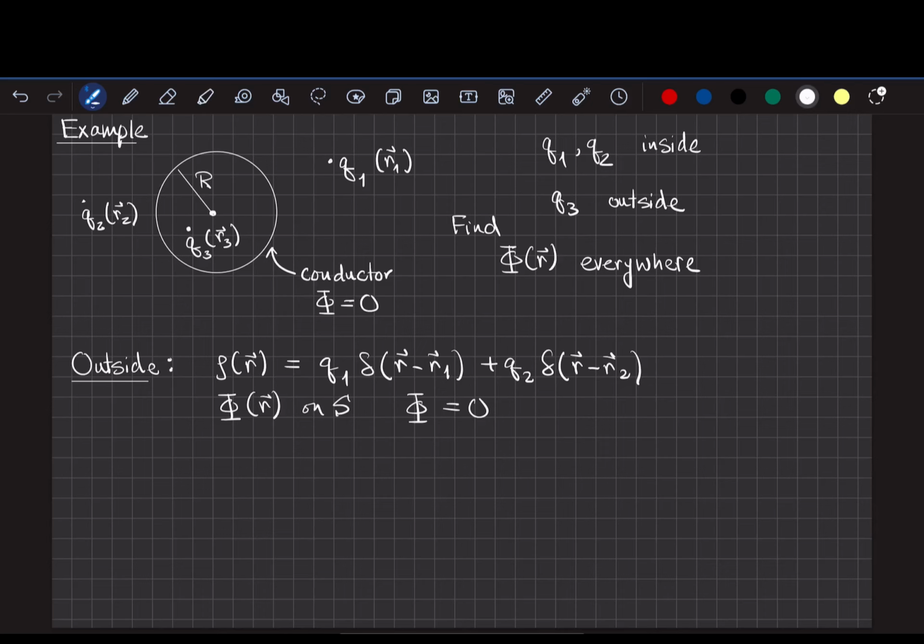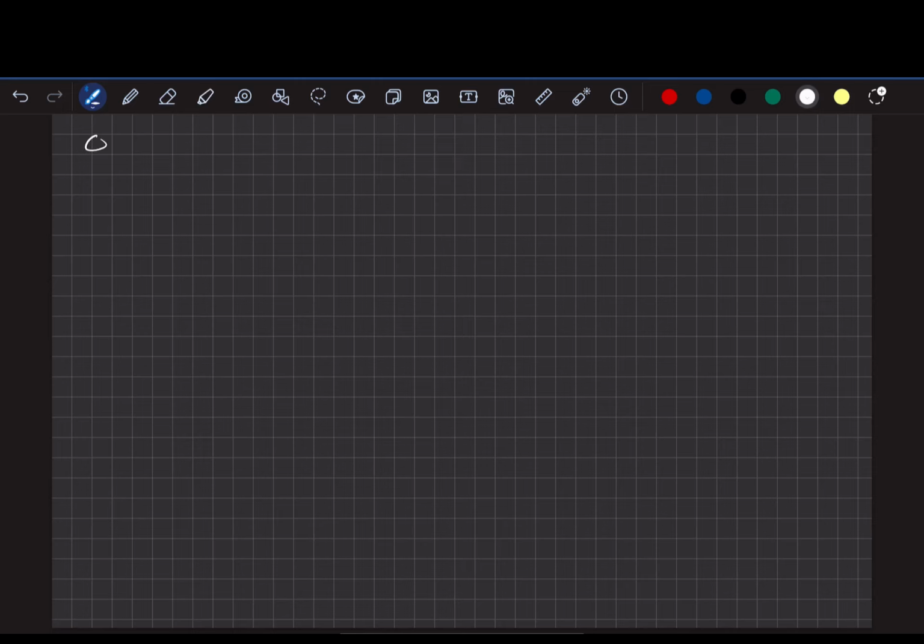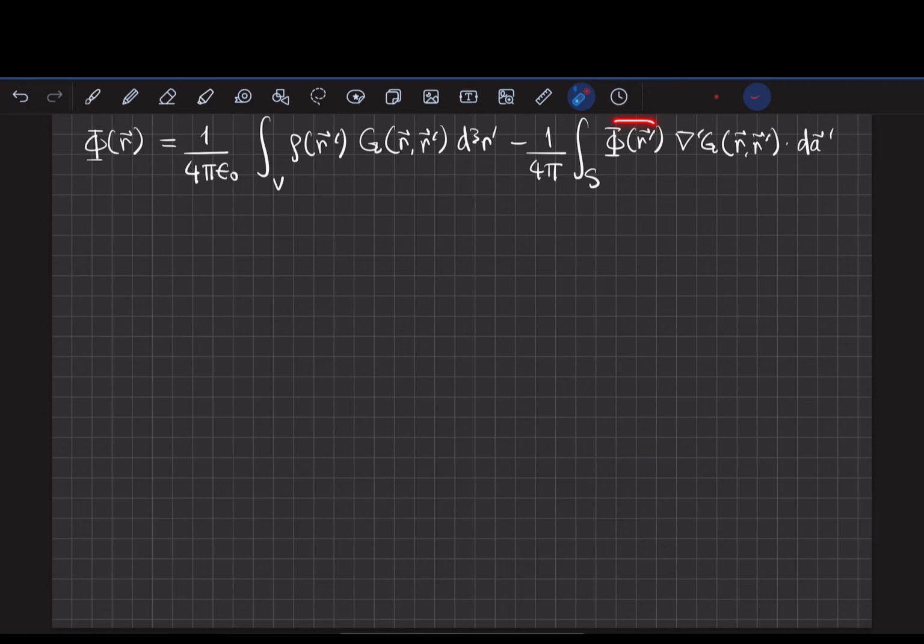Alright? And our Green's function for the spherical boundary condition is given by, so this is our Green's function. So basically we can just substitute this into our equation for the potential. The potential on the surface S is 0 in our problem, so this term just vanishes.